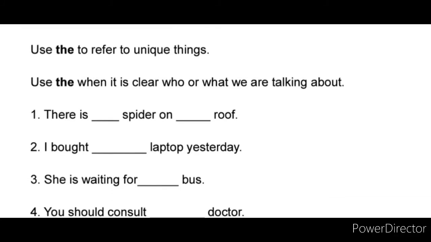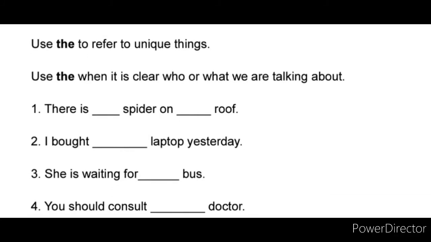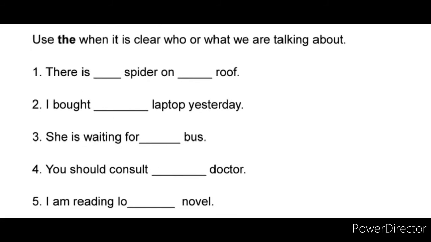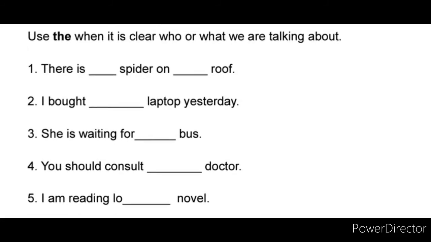For unique things we will be using the definite article the, and we use the definite article the when it is clear who or what we are talking about. So what we know is specific about the things we are talking about. In that case we have to use the definite article the. If we are talking in general, then in that place we have to use the indefinite article a or an.